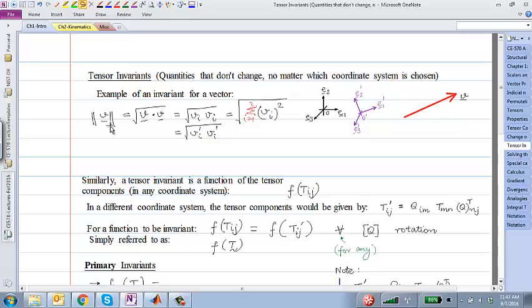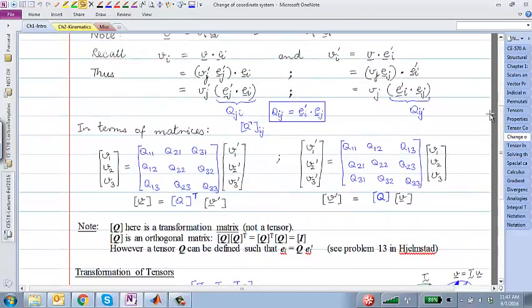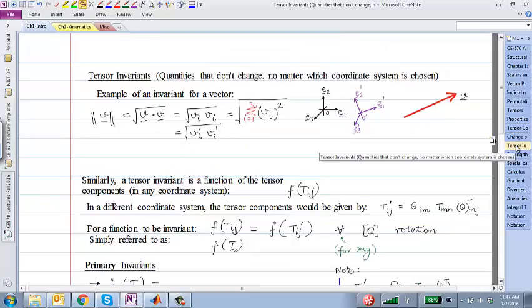That's right. So I have the primed components. I can find the unprimed components using Q transpose, right? So if I have the primed components, I'll convert them to the unprimed components using the Q transpose, and then I'll see if I end up with the previous expression.